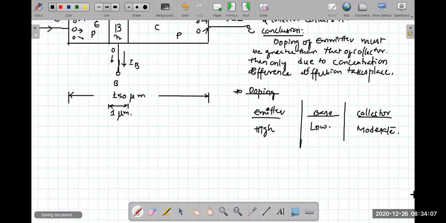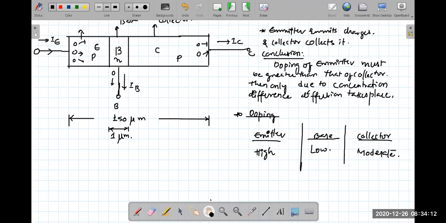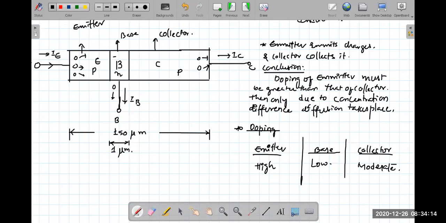Now, the reason for low doping is that charges will be coming over here. It's an N region, which means there will be some electrons inside. While crossing the base region to reach the collector, if the charges come in contact with those electrons, they annihilate, they neutralize.